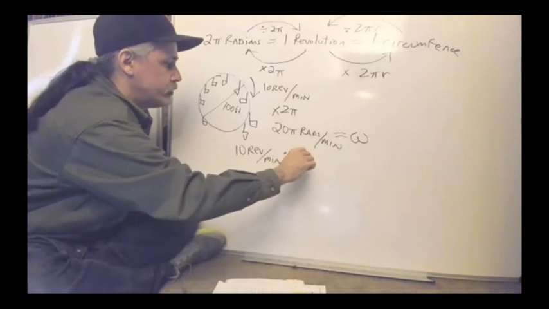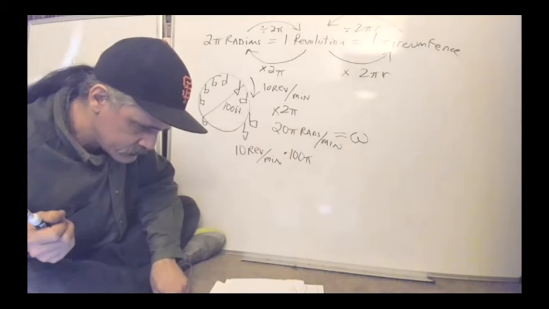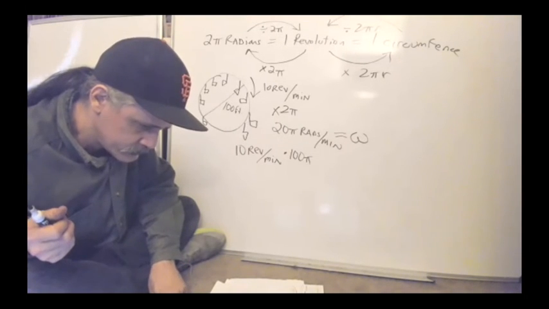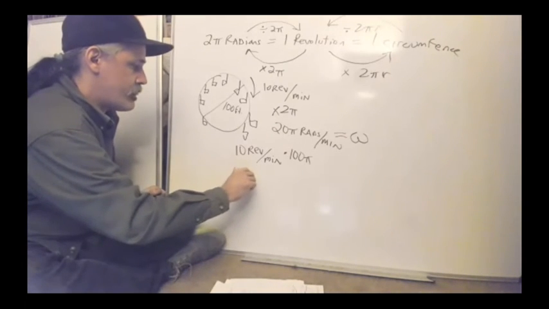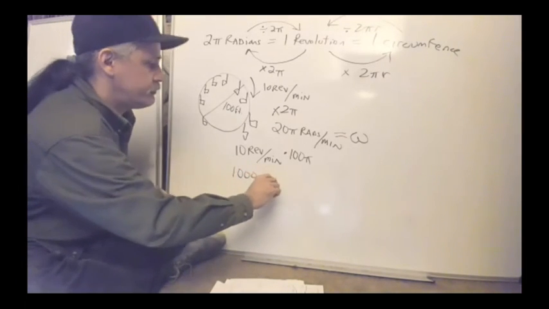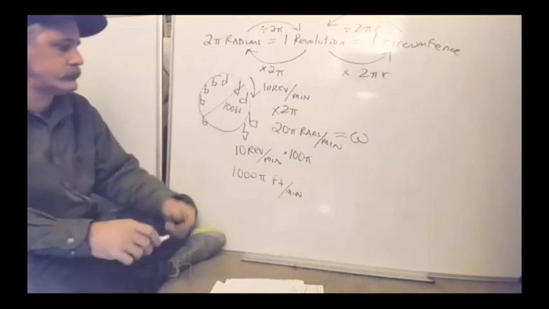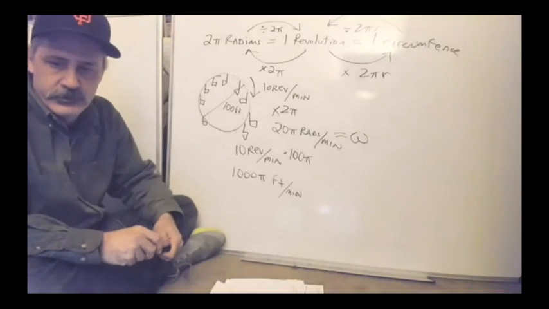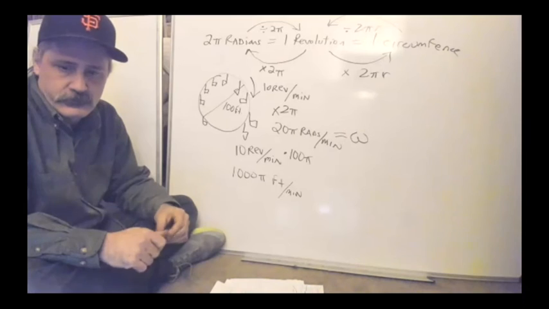All right, so this is going to be 1,000 pi feet per minute. So every minute, that's the feet per minute, distance per time.